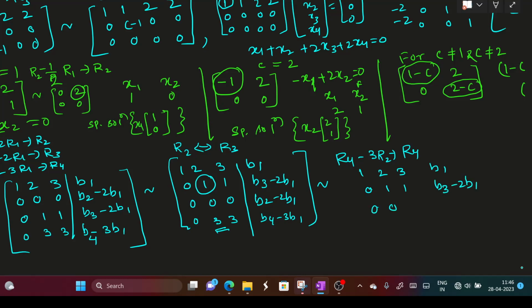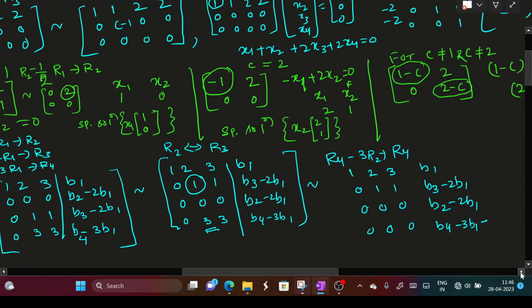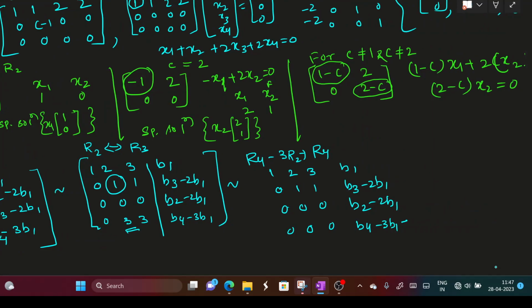It is 0, 0, 0, B2 minus 2B1. It is 0, 0, 0, B4 minus 3B1 minus 3 times of it, which is 3B3 plus 6B1.